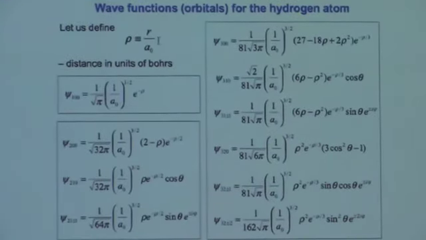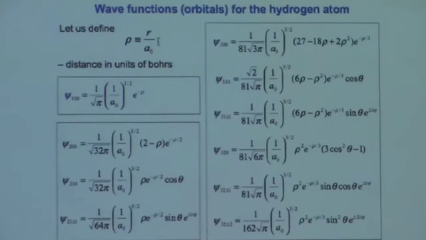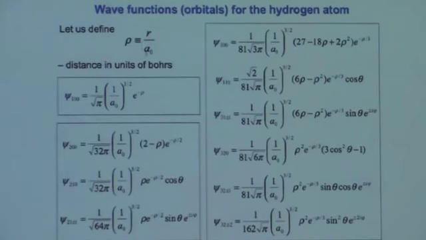That's why a0, the atomic Bohr radius, is a very convenient quantity to measure distance in, because then in the wave function you have this rho instead of r with division by the Bohr radius, right? So this is 1s, then you have 2s, 2, 0, 0, and then 2p.